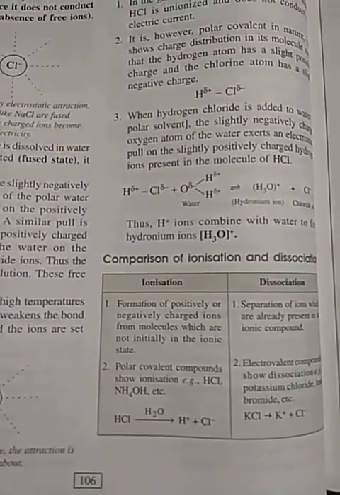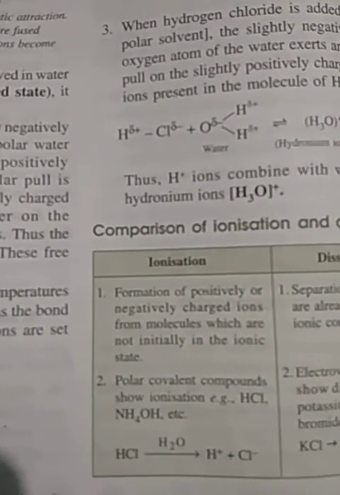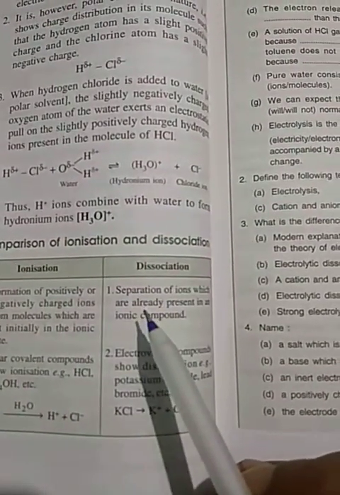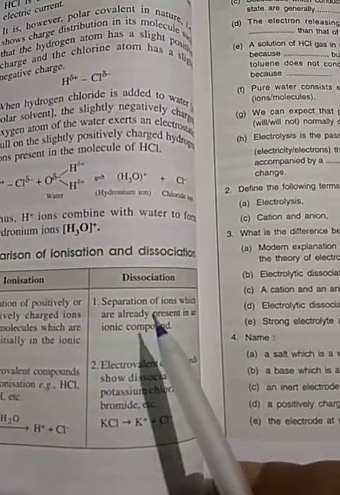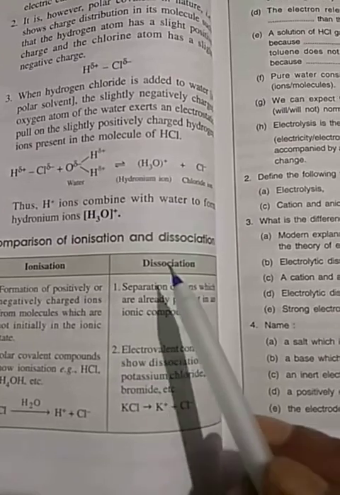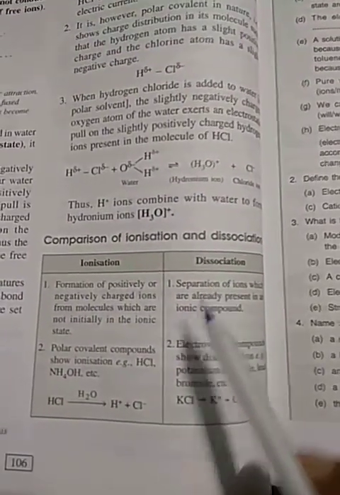They are formed by molecules, but they ionize when dissolved in water. And the other is separation of ions. For example, sodium chloride is already formed by sodium and chloride ions. Now they are separated by dissociation, that is, electrolytic dissociation.